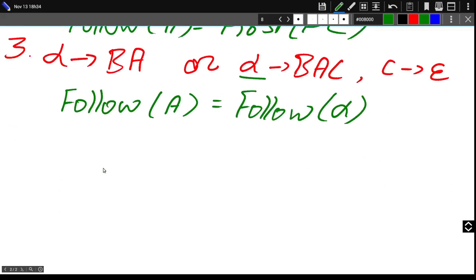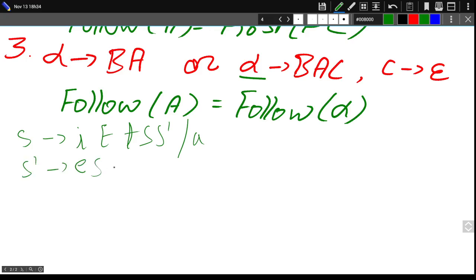Our previous example can give us some of these. S derives I E T S S dash, it also gives A. Then S dash gives E S or epsilon.